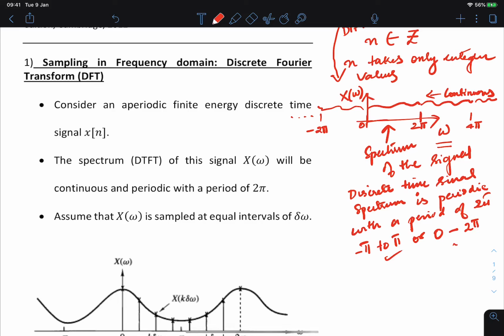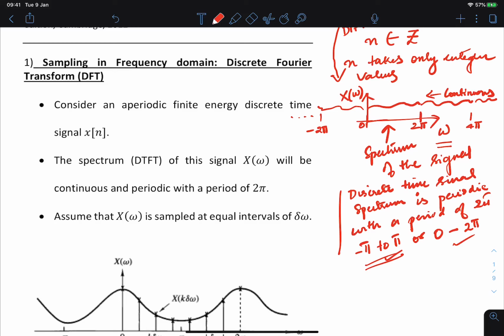Either would be fine. We don't have to worry about what is lying after 2 pi or before 0, or after pi or minus pi, because it keeps on repeating. That is the speciality of the spectrum of a discrete time signal.